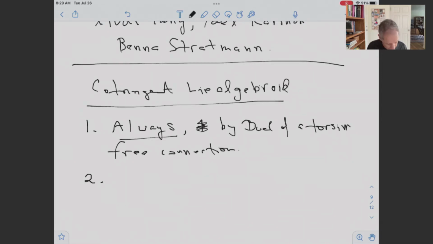Secondly, now the second conditions are only sufficient conditions. We haven't worked out necessary conditions.